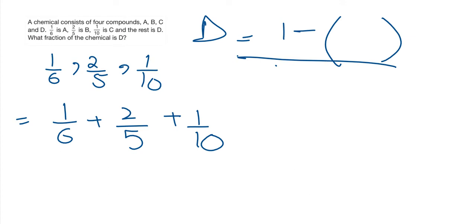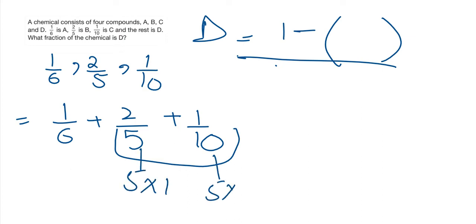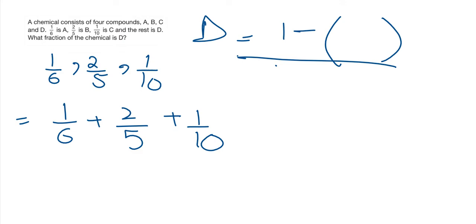But over here you can see that 5 and 10 do have common factors, like 5 times 1 and 5 times 2. They both have multiplied factors of each other in them.